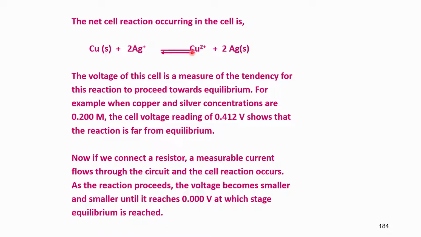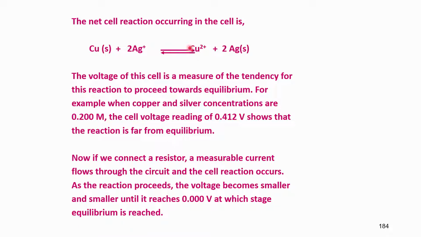For example, when copper and silver concentrations are 0.2 molar and the cell voltage was reading 0.412 in the previous slide, it shows that the reaction is far from equilibrium. If it is in equilibrium, what would the voltage be? It should be 0. There should not be any current flowing, because whatever is going on the right hand side is coming back on the left hand side. That is, oxidation and reduction reactions will be taking place on opposite sides.